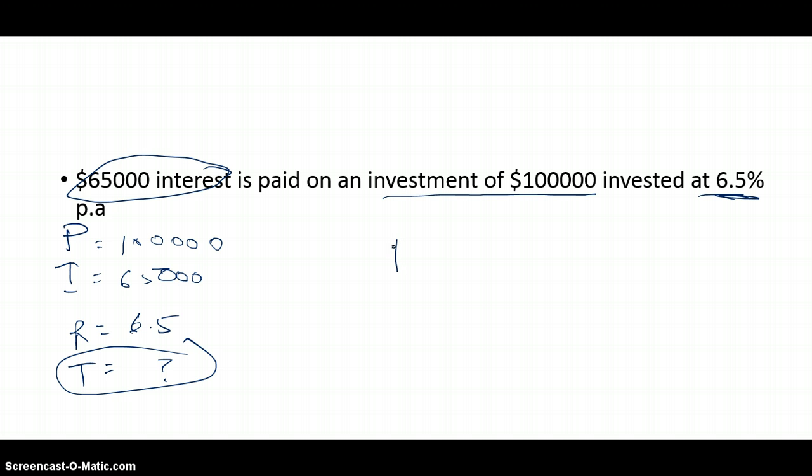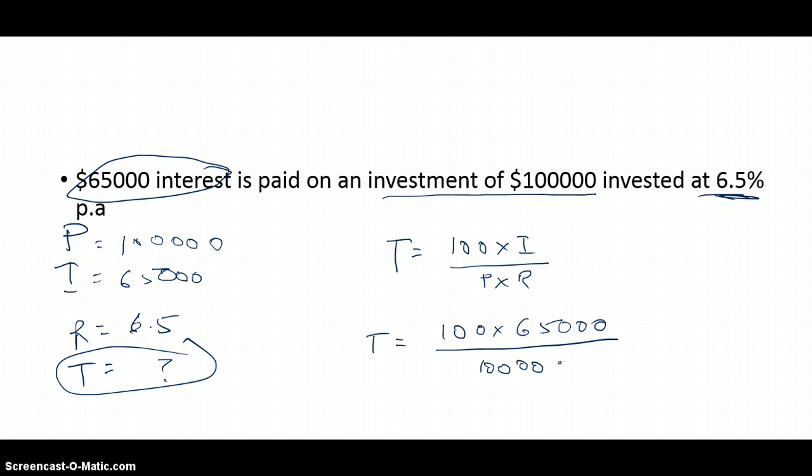Once again, T is equal to 100 times I over P times R.